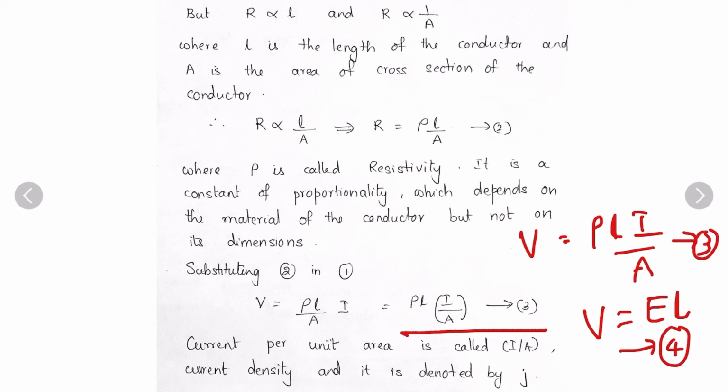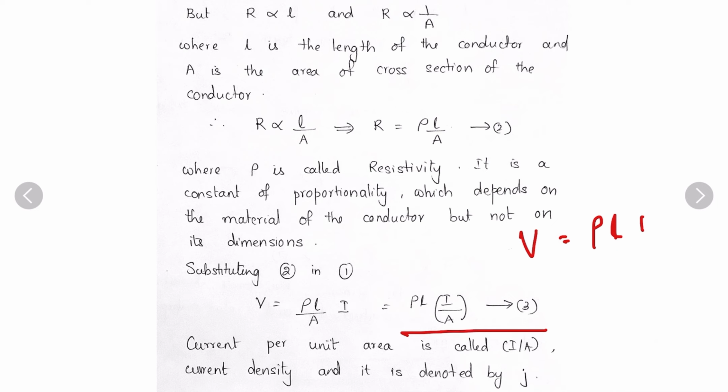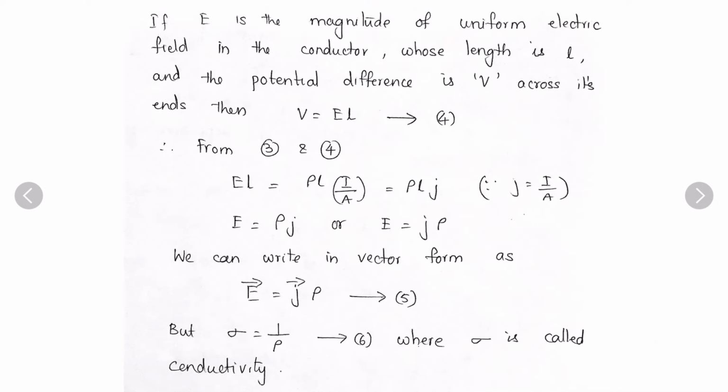Both are V only. Both formulas are related to potential difference. LHS is same for both of them, so let us equate equation 3 and 4.